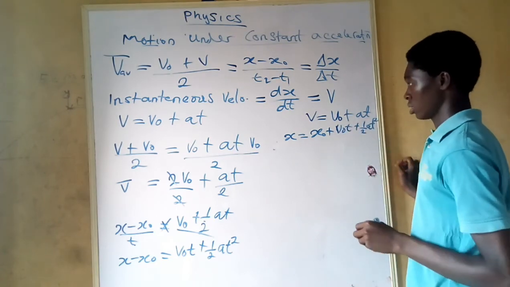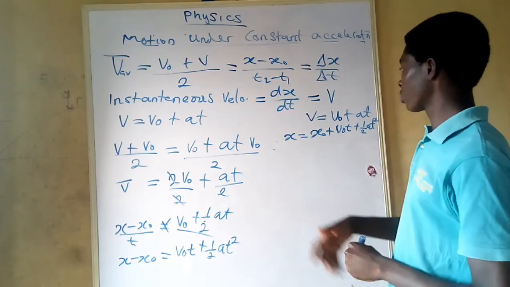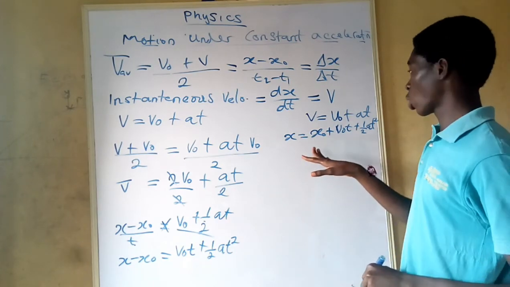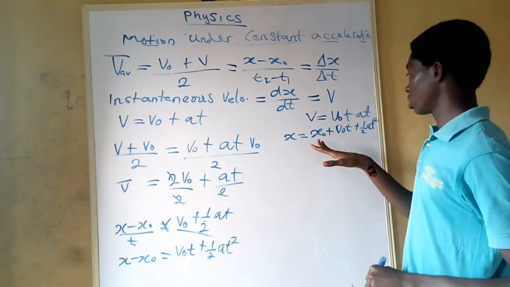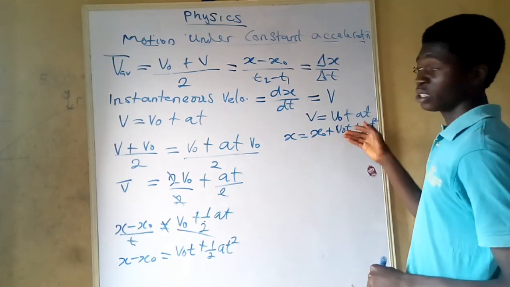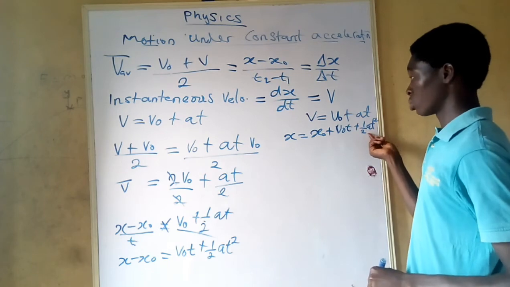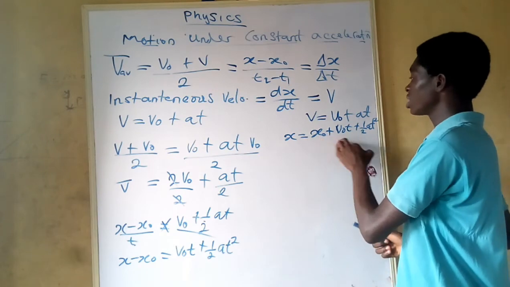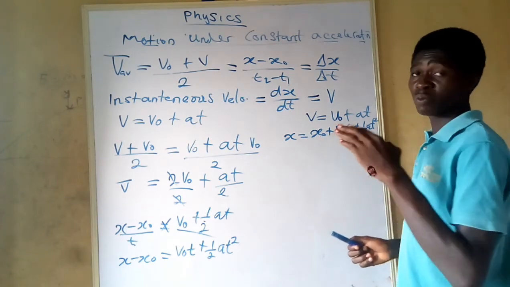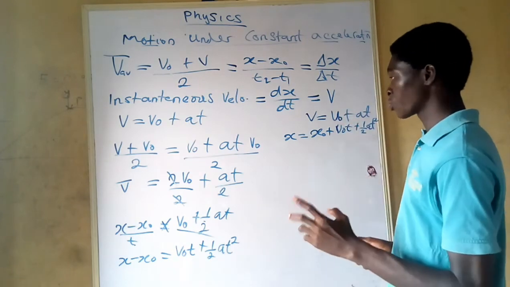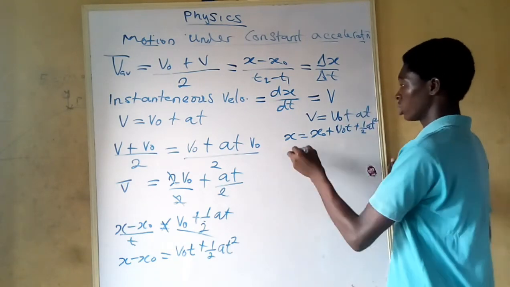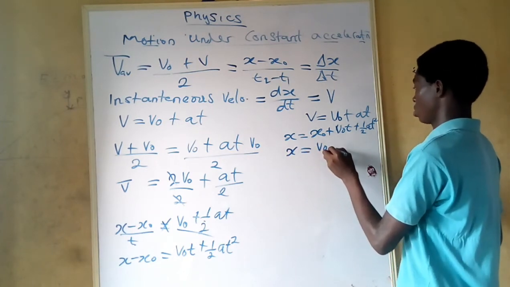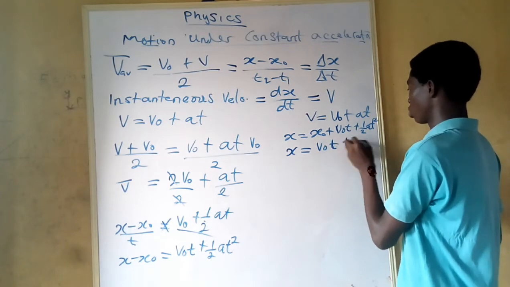Now this is enough to tell the story of the motion of any car or any object, given the initial velocity and the acceleration, and if I know the initial position. If the car started from the reference point, then x naught is going to be 0, and this formula reduces to x equals v naught t plus half a t squared.